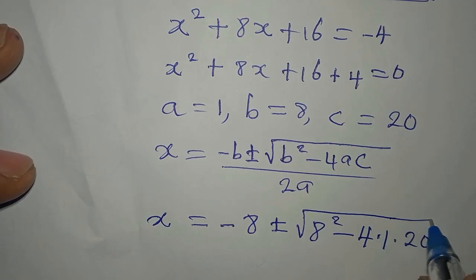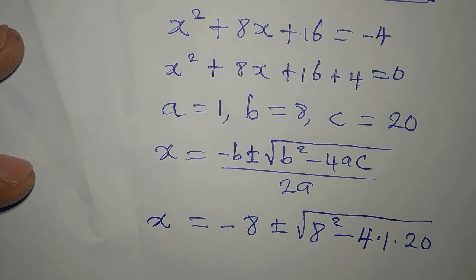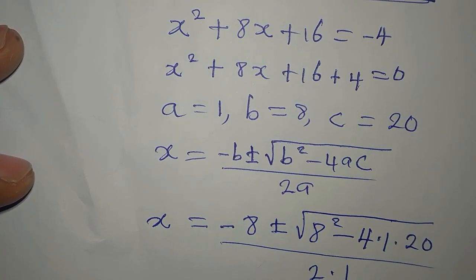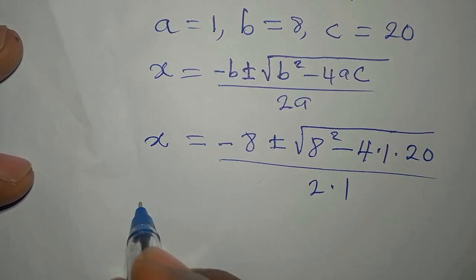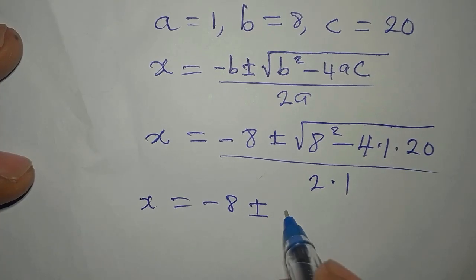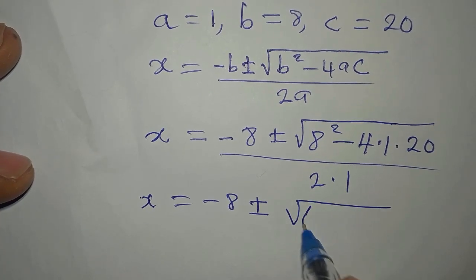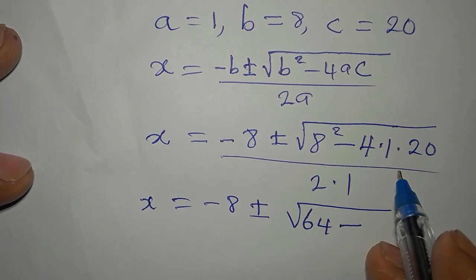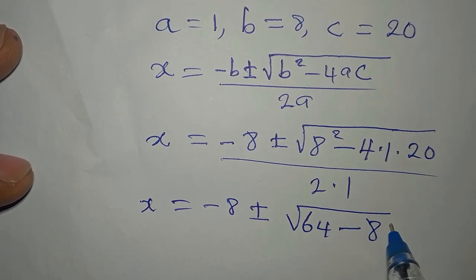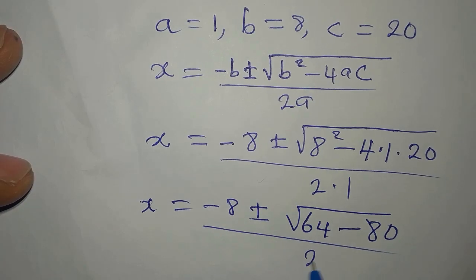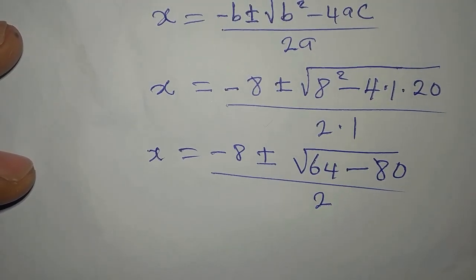How did I get the 20? Because c is 20, and I divide this by 2 times 1. Now our x is minus 8 plus or minus square root of 64, then minus 4 times 1 times 20 is 80. Then we divide this by 2.